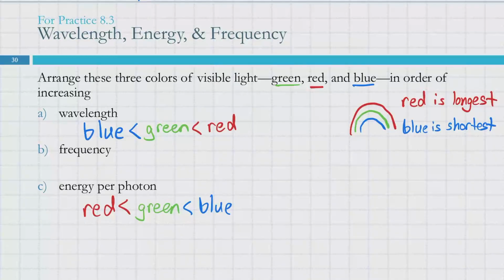If you've got really short waves right next to each other, more of those are going to pass through a point. So the frequency is the same as our energy per photon. It's the opposite of our wavelength.